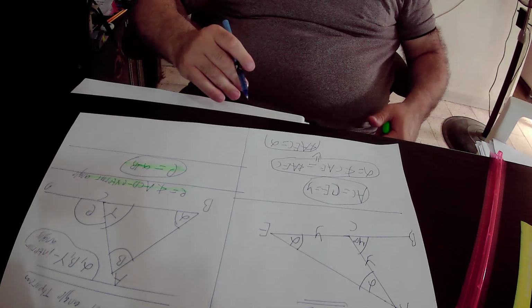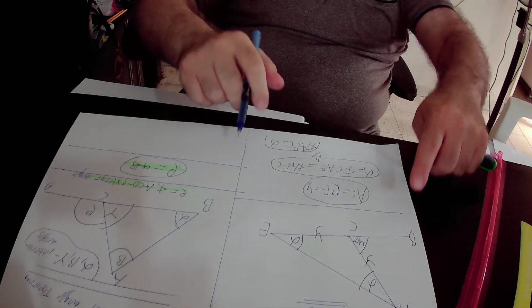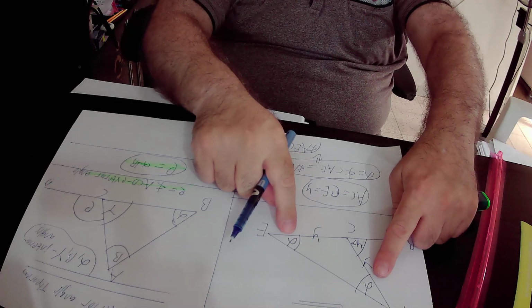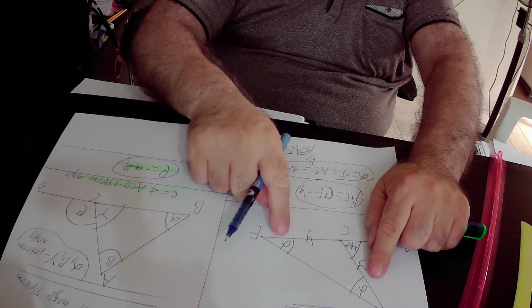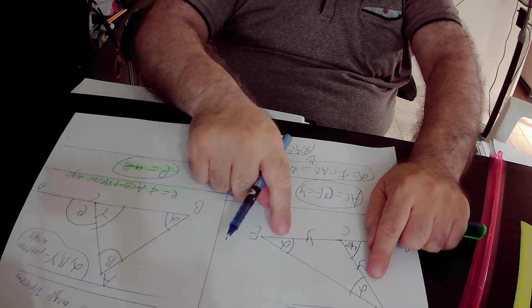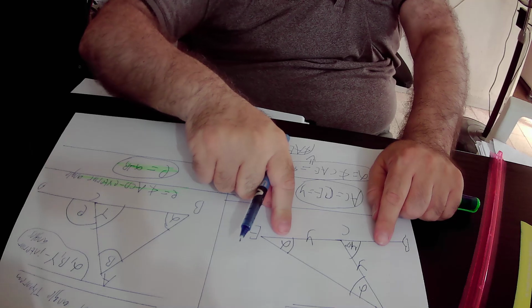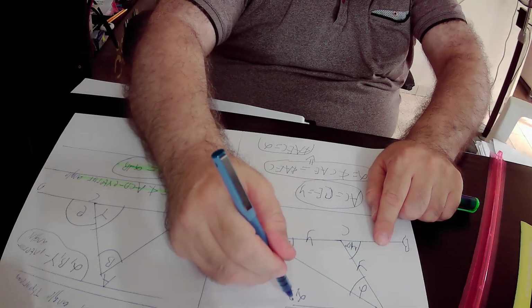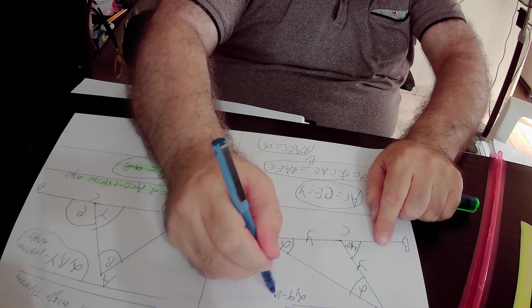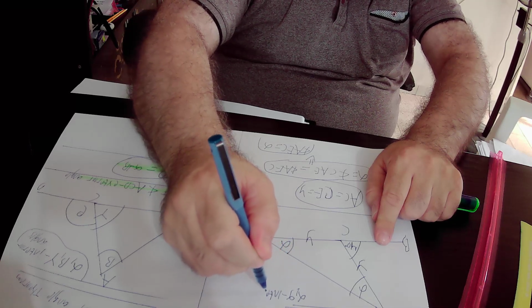In our triangle ACE, those two angles that are both equal to alpha will be defined as interior angles. Okay, so I write it down. The two angles are defined as interior angles.